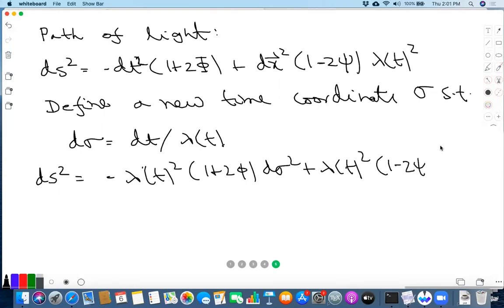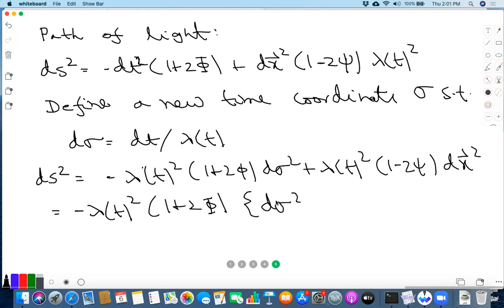Not that it matters for this argument. So I can write this as minus lambda t square, 1 plus 2 phi, times minus d sigma square plus 1 minus 2 psi over 1 plus 2 phi dx square. For this argument, in fact, you don't even have to make the smallness assumption on psi and phi.